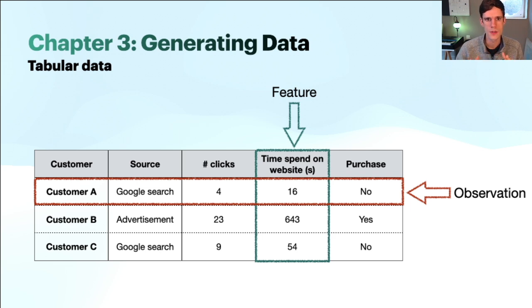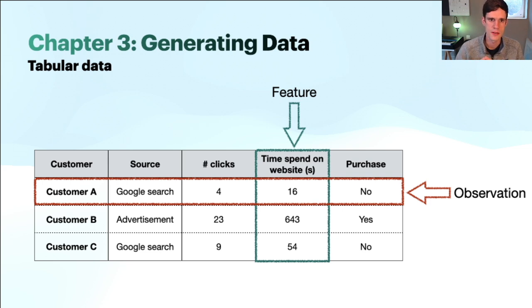This table contains data that we were able to collect from customers visiting our website, which has a web shop attached to it. Now, each row corresponds to a different customer, and each column corresponds to the behavior of this customer on our website that we were able to put into data.